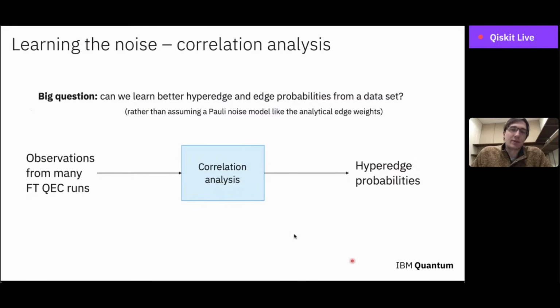Rather than assuming the Pauli noise model from the previous slide, let's look at the real data. So here's a schematic of what's going on. You take observations from many of your runs of the experiment where you're doing these repeated parity checks, and you plug it into the correlation analysis, and then hopefully you get out some hyperedge probabilities that make sense.